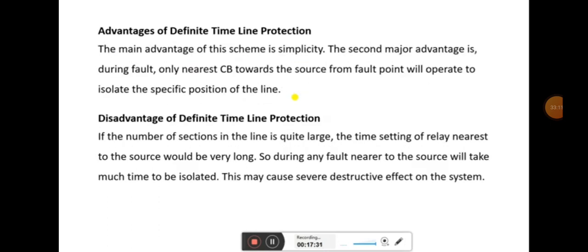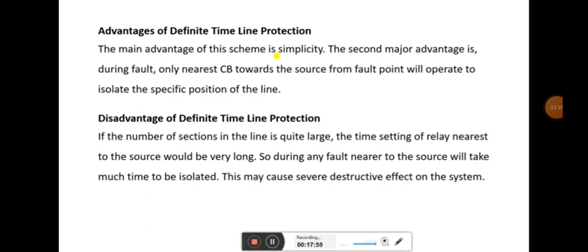So here we have defined the advantages and disadvantages of the definite time line protection system. Because we have provided relays, which are called definite time relays, and we are protecting a certain length of the transmission line. So what are the advantages and disadvantages?